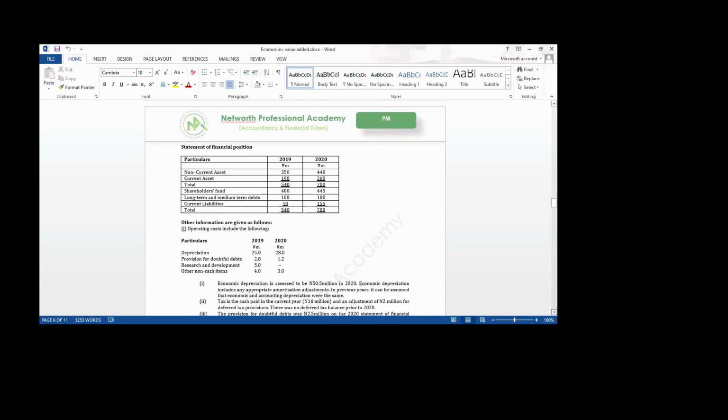Additional information. Information 1. Operating costs include the following. Depreciation. That means depreciation has been deducted in both 2019 and 2018. This should be added back.